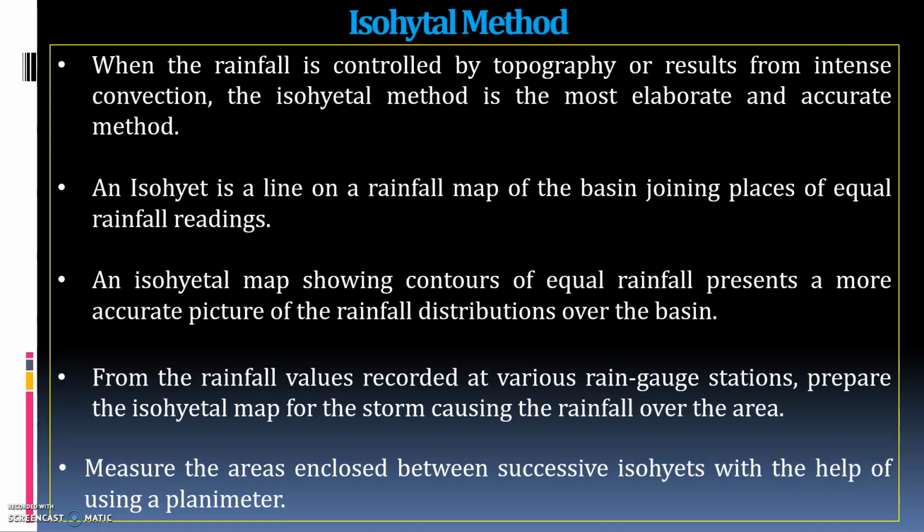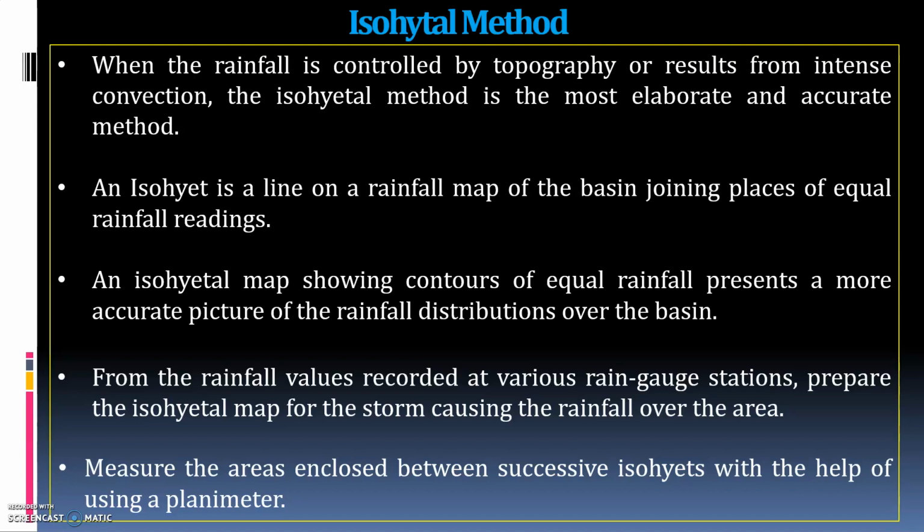Here, the procedure for constructing the isohyetal map is, from the rainfall values recorded at various rain gauge stations, prepare the isohyetal map for the storm causing the rainfall over the area.